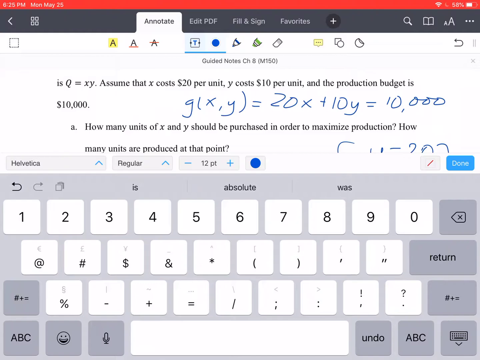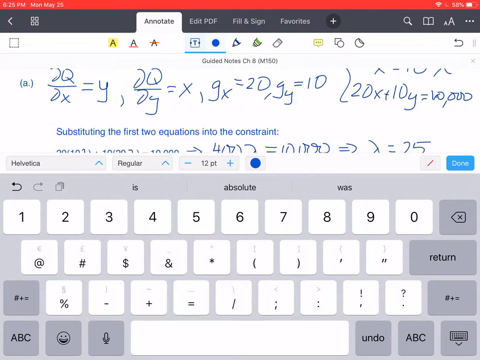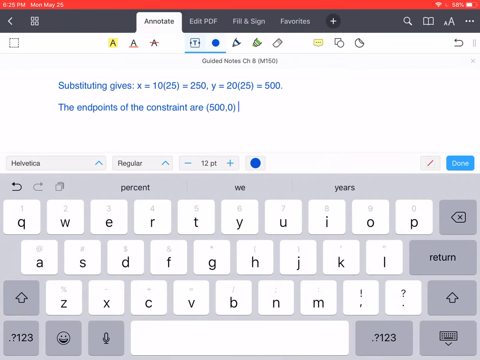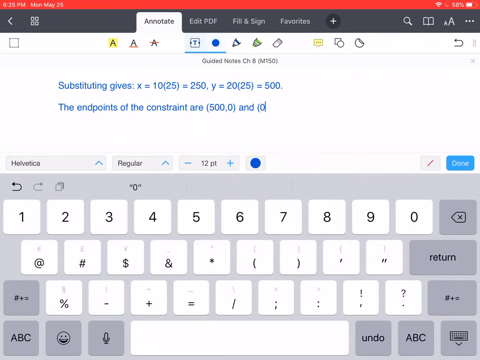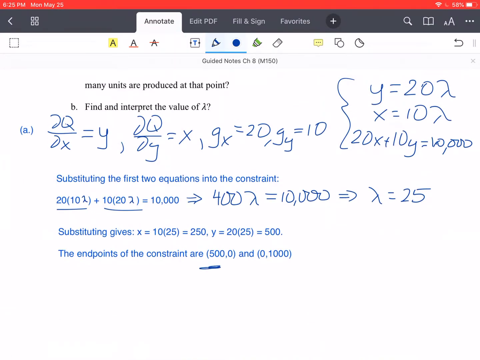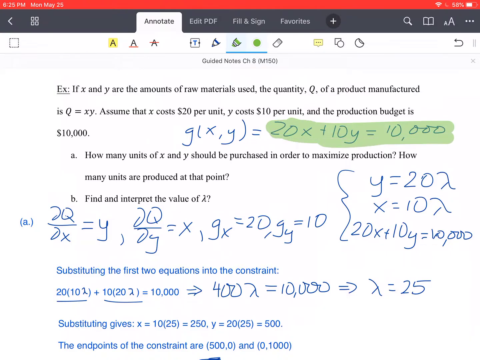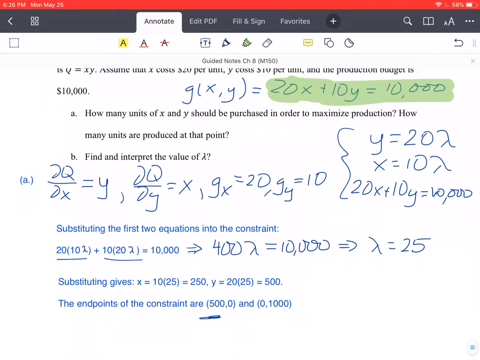Or if x is 0 and y is 1,000, then we get 10,000. So our endpoints of the constraint are going to be 500, 0, and 0, 1,000. Again, these are endpoints because x can go as high as 500 and still fit within this constraint, and y can be as large as 1,000 and still fit within the constraint. So that's why those are the endpoints.